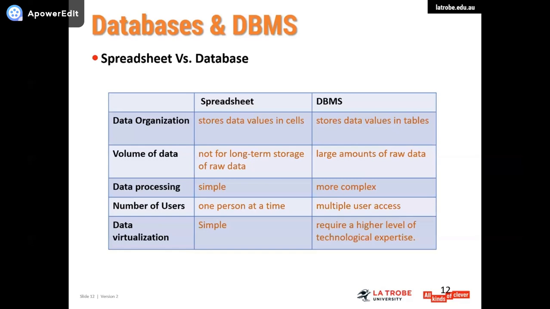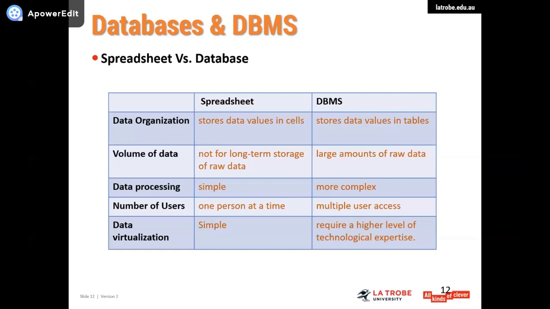If you notice, in Microsoft Excel there is a maximum number of rows or columns in one spreadsheet file. If your data is larger than that, you cannot save everything in one file. You have to split it and save in another spreadsheet, which is inconvenient if you have a large data set. But for a DBMS, there's no problem. It can deal with a large amount of raw data.